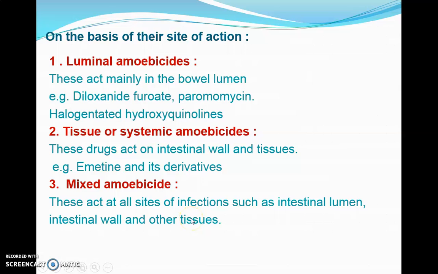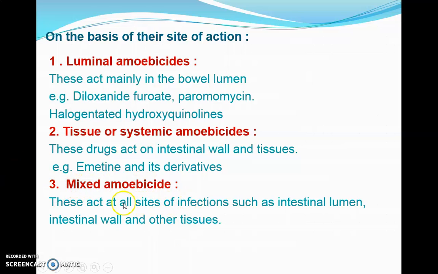So that's why the classification of amoebiasis is majorly symptomatic and asymptomatic. Wherever there is symptomatic disease, it will show luminal amoebiasis and extraluminal amoebiasis. Luminal amoebiasis is limited to the lumen only, and extraluminal amoebiasis can invade other tissues also.